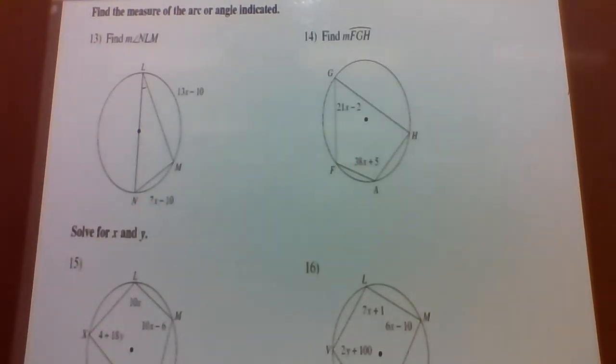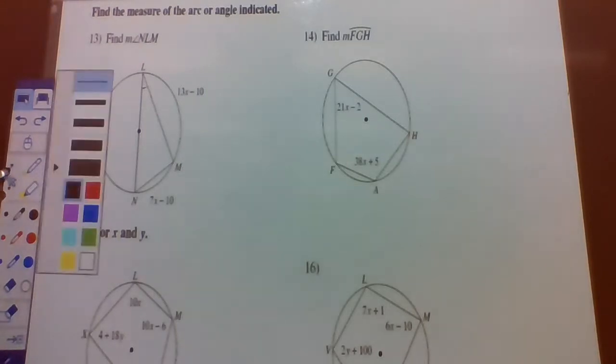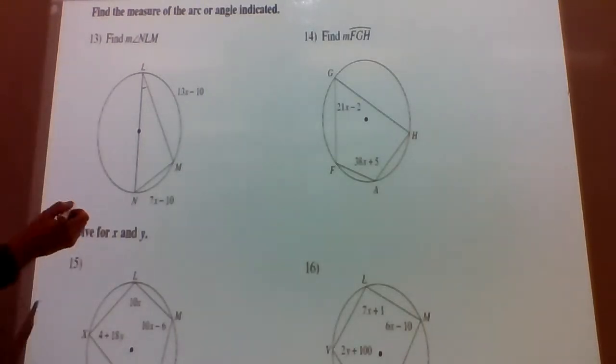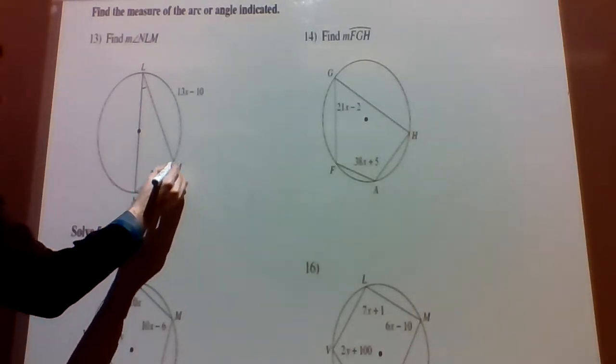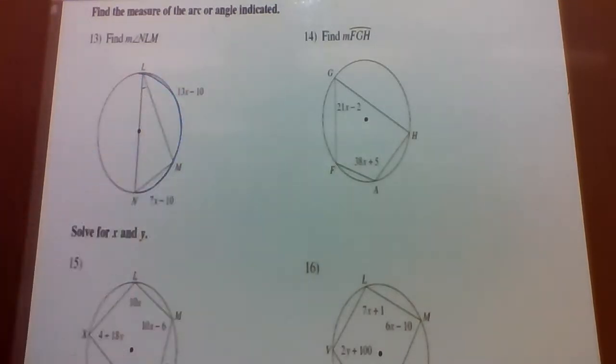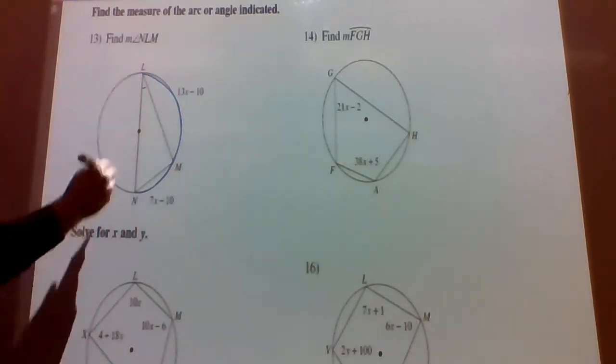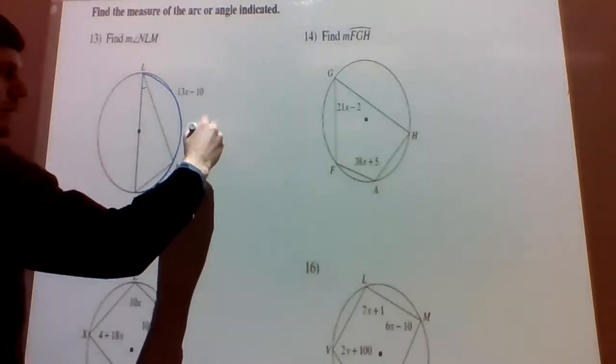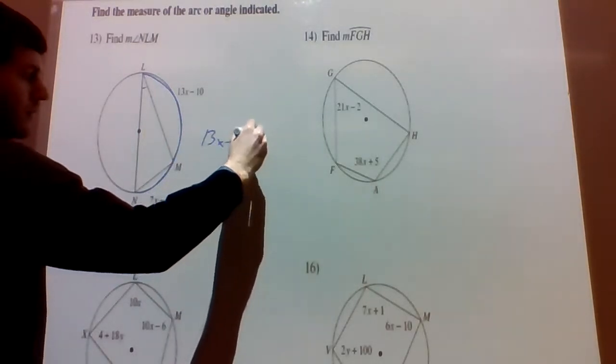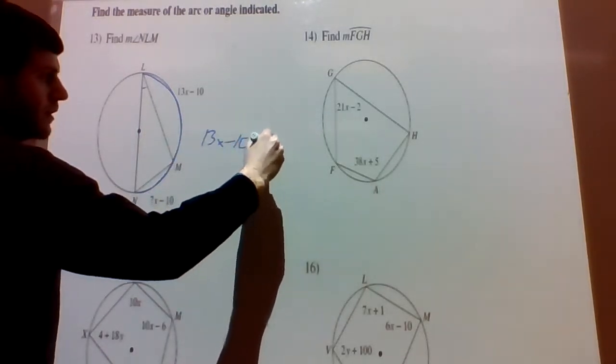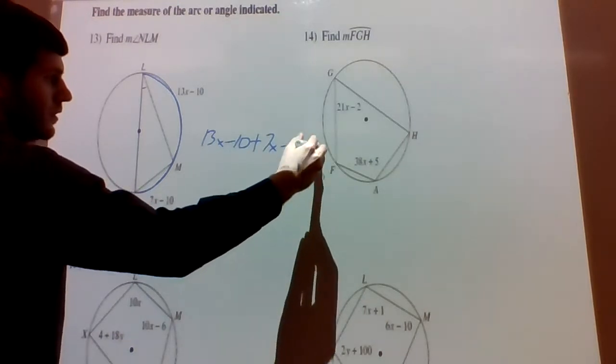One thing we're looking for here are semicircles, and yes, we have a semicircle. So arc NML is half of a circle. So we know that 13x minus 10 plus 7x minus 10 is going to equal 180.